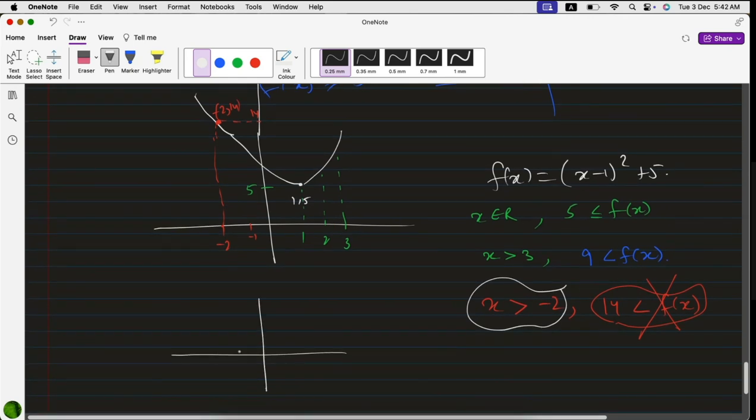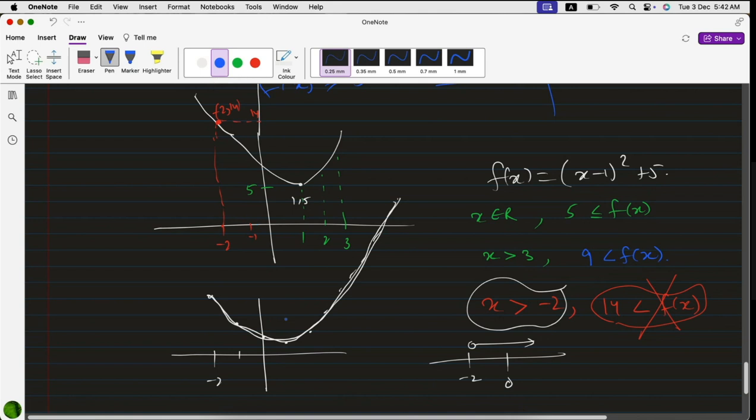That means I can draw at minus 2, I can draw at minus 1, I can draw at 0, I can draw at positive 1, and then 2, and then 3, and so on. This is how the graph would look, because it says x is minus 2 and onwards. So from minus 2 onwards, there's no limit to the right hand side.